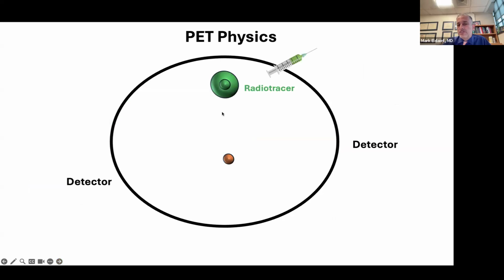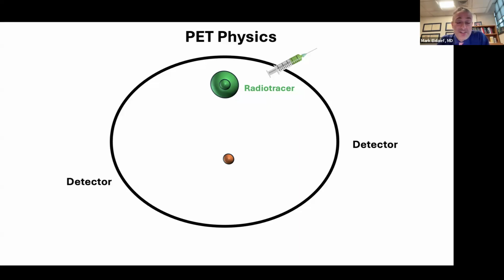So the radiotracer is basically a drug, which can be many, many different things, but it's usually a drug that binds to something, that is attached to something, or can show the activity of the brain. So if you made a drug like this, like let's say you injected something like sugar or glucose, and the brain loves to ingest glucose.